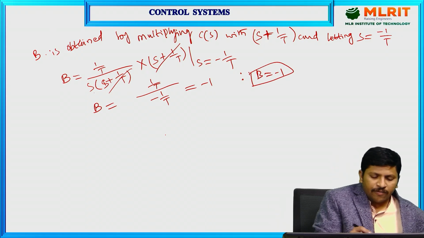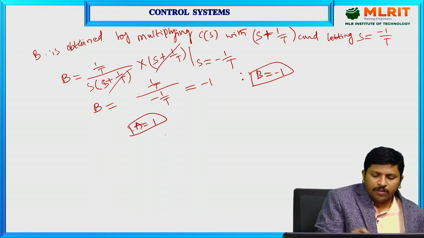We know A equals 1 and B equals minus 1.